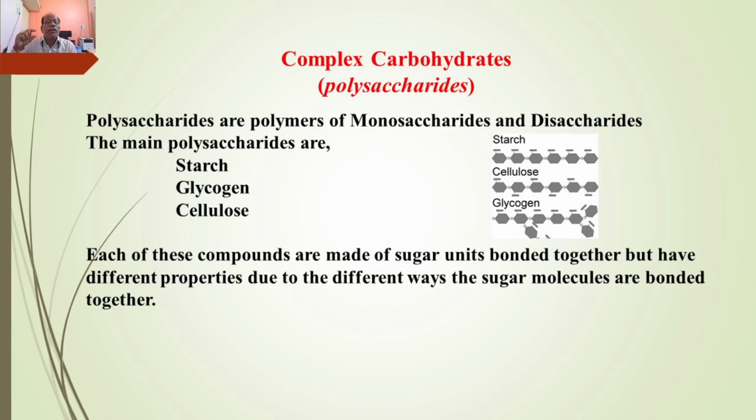These are formed by the polymerization or bonding of a large number of monosaccharides, thus forming a polymer or chain of monosaccharides. Each is made of sugar units bonded together but has different properties, due to the different bonding patterns of the sugar molecules.